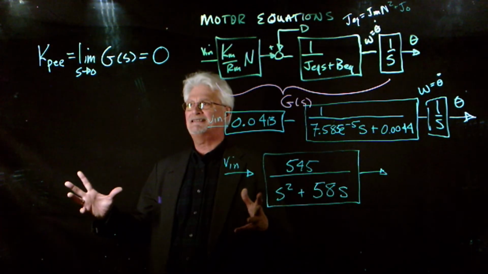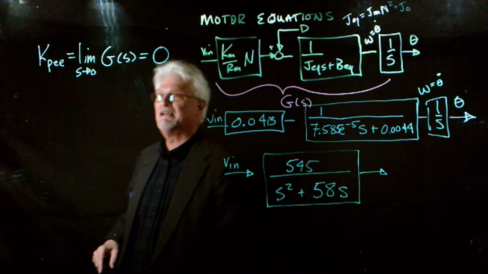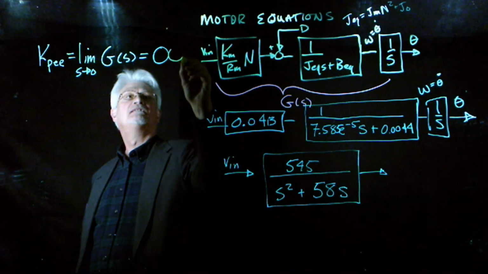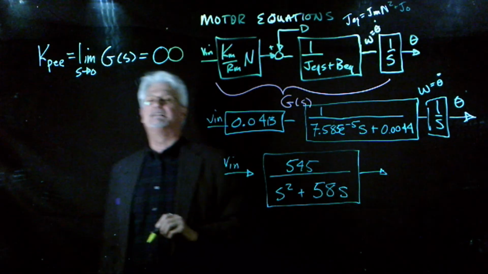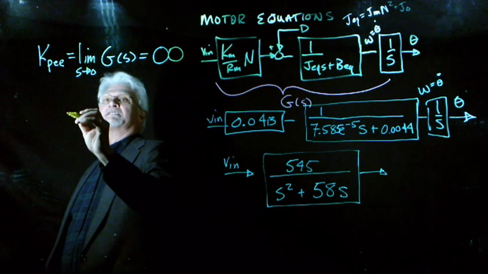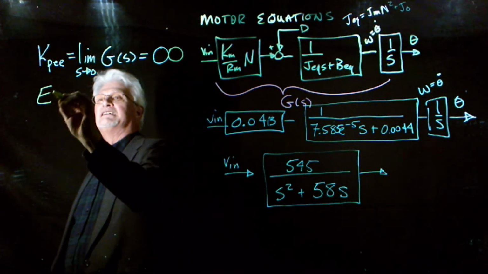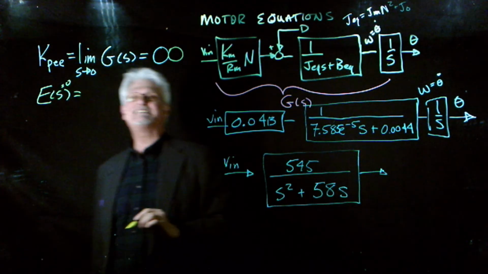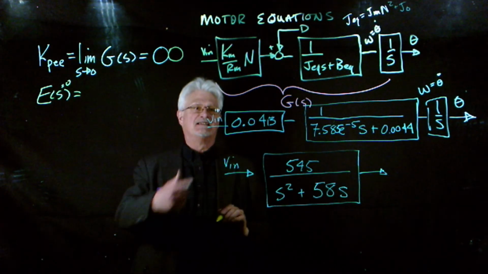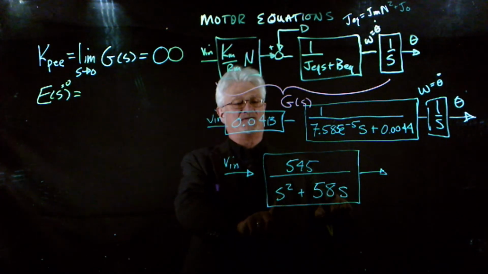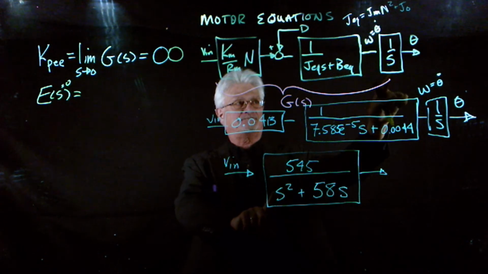Oh, wait a minute. The limit as s approaches 0 of G of S is not 0. Remember, it's infinity. So that means the steady state error for this system is 0. This is called a type 1 system because it has one free integrator in it, right here.